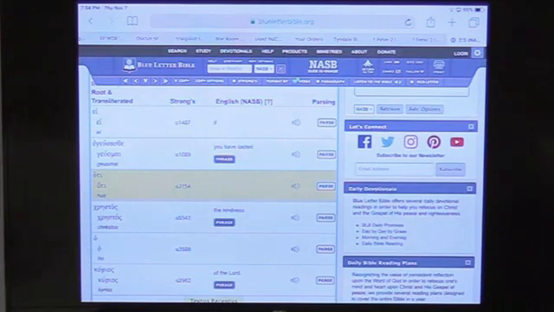Here's where knowing the alphabet really helps. There it is, geusasthe. And it says it's from geuomai, second person plural, aorist indicative.